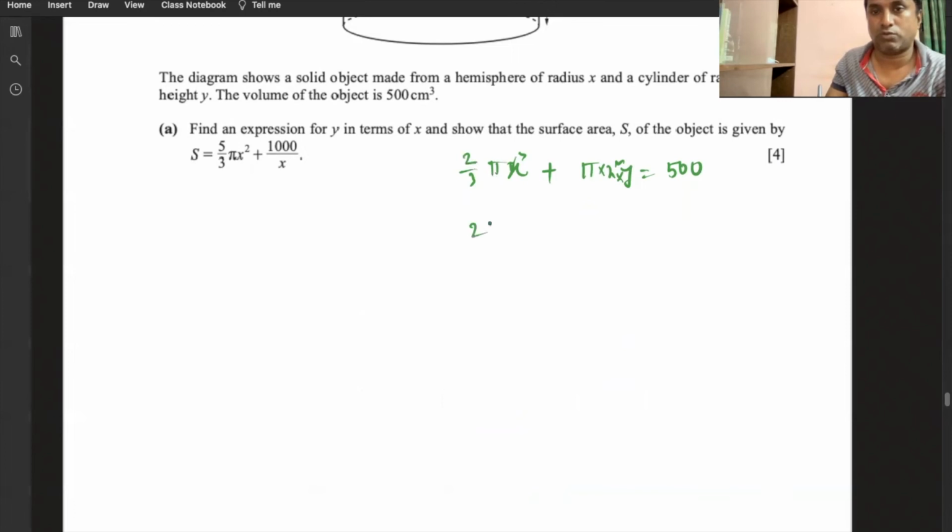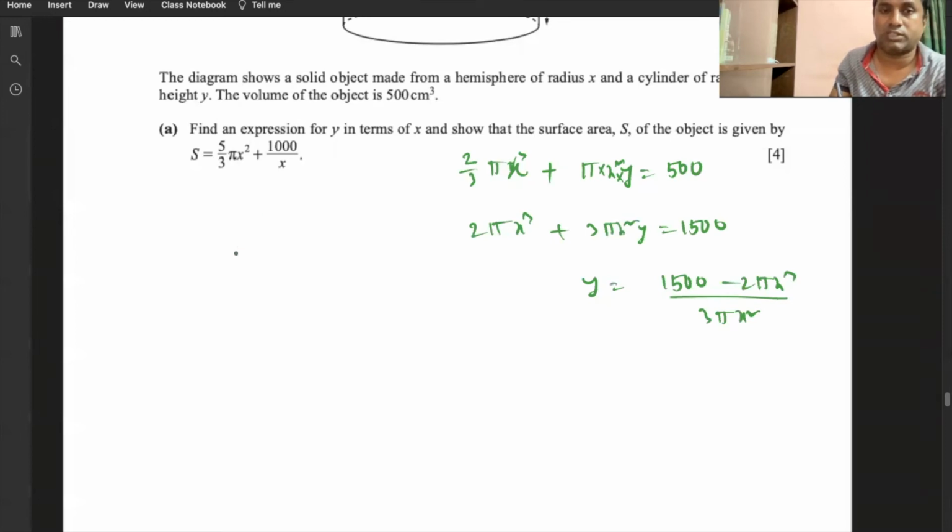So first of all, 2 pi x cube plus 3 pi x square y equals 1500. Now y is the subject: 1500 minus 2 pi x cube divided by 3 pi x square.